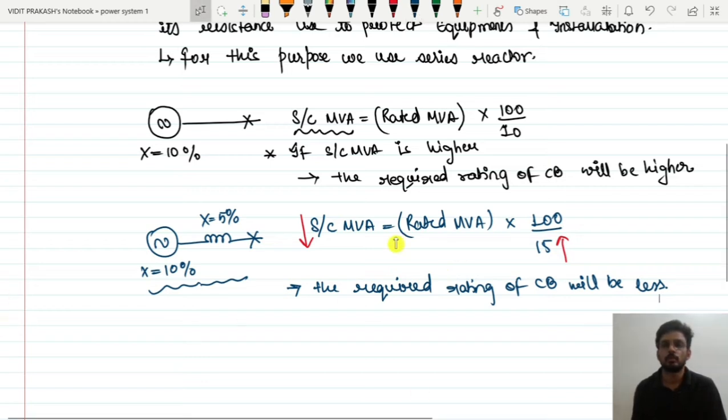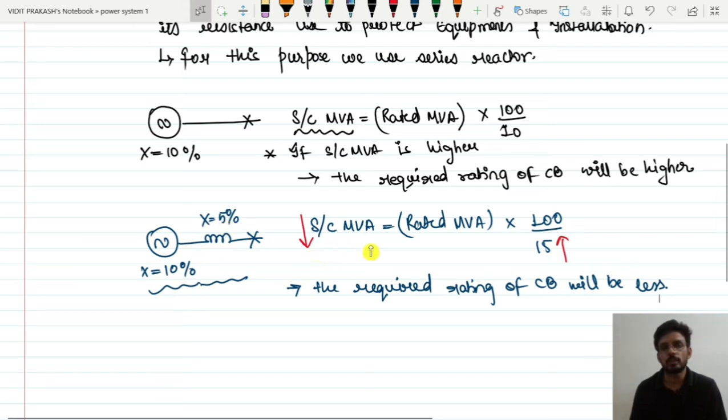Right? So if you are not using any reactor, your reactance value will be the same as the reactance value of the generator, and because of that you will get some short circuit MVA. According to this short circuit MVA, we need to put a circuit breaker of required rating. Now if we implement a series reactor with the generator, whose reactance value is given as 5%, the total reactance value will become 15%.